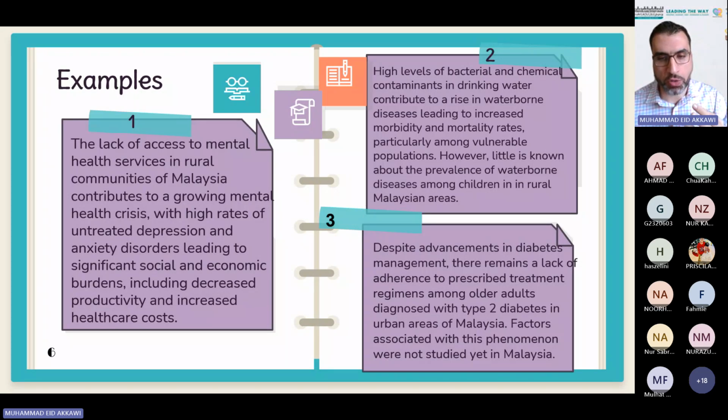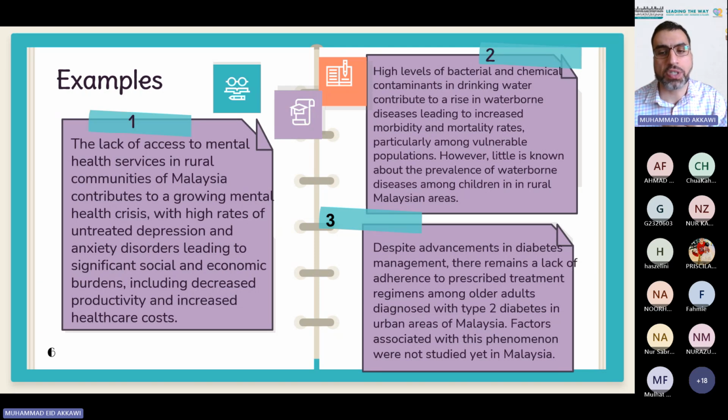So now we are not talking about the accessibility of diabetes medication. We are not talking about the effectiveness of this medication. But we are talking about the adherence of the patient to this medication.